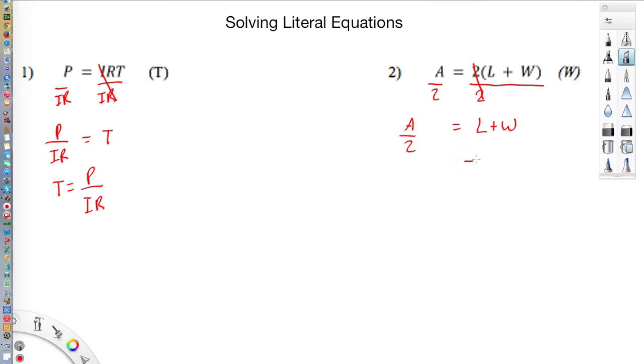Subtracting L. So I subtract L from both sides. The L's cancel each other out, and I'm left with W, and over here I have area divided by 2 minus L. And I can flip this around and solve in terms of W. W, therefore, is equal to area divided by 2 minus my length.